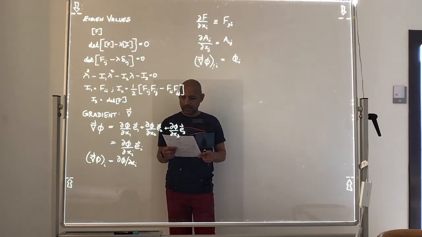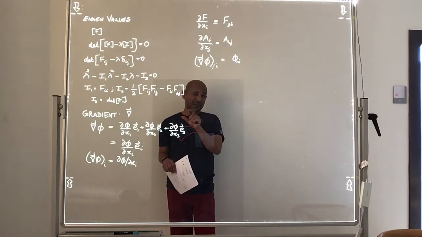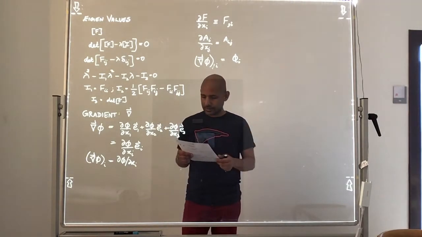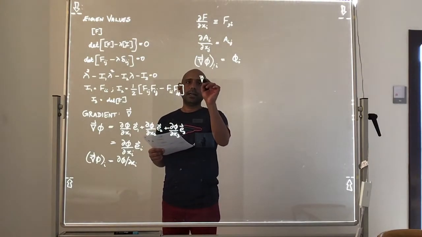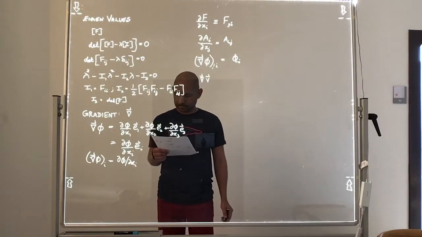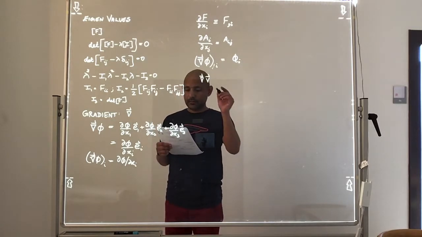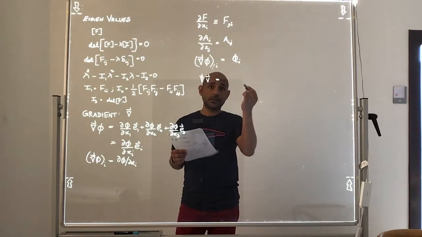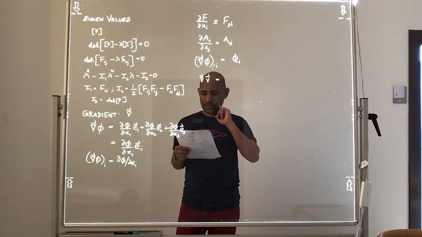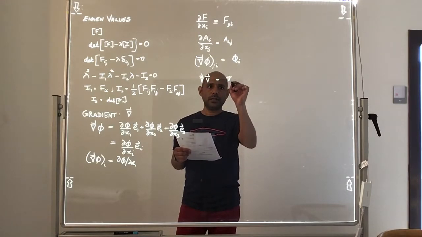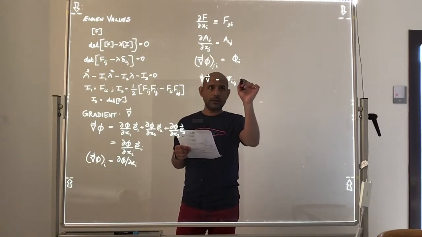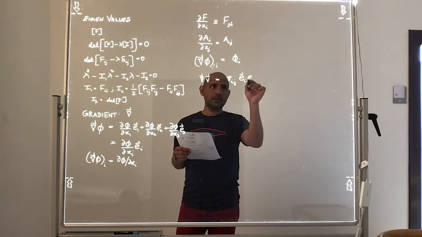How does the gradient of a vector field look now? The gradient of a scalar gives us a vector, so the gradient of a vector gives something even higher order than a vector, which is a tensor. So the gradient of vector v is equal to, I'll give you the answer right now and we'll think about it for a second, vi comma j ei ej.